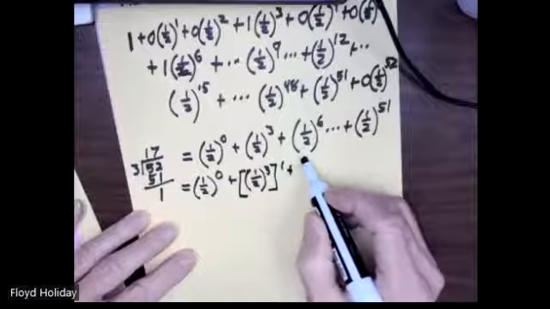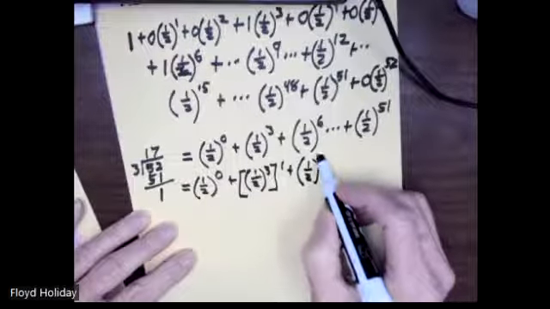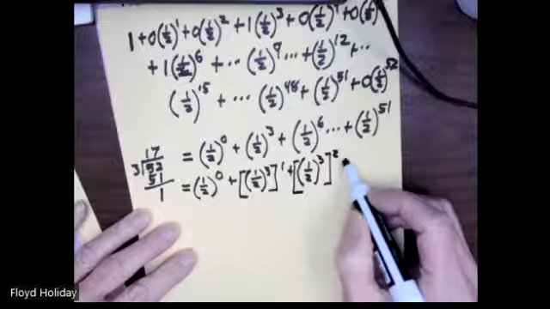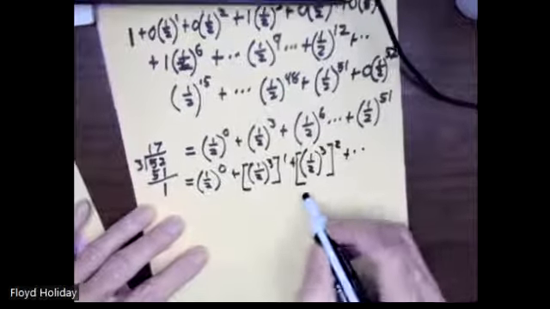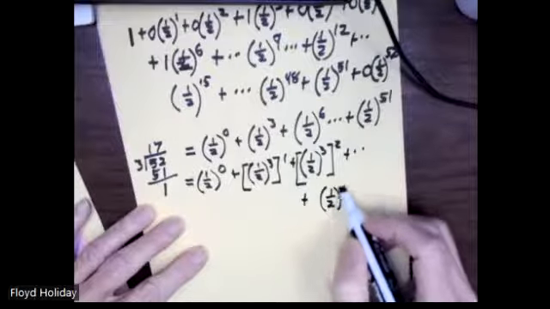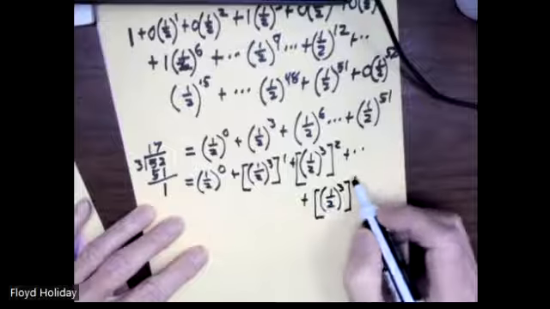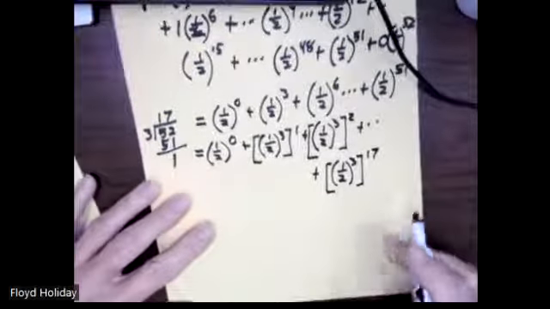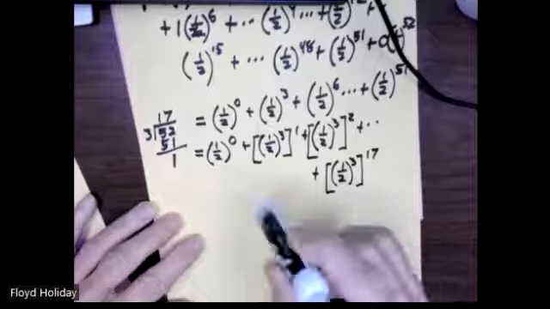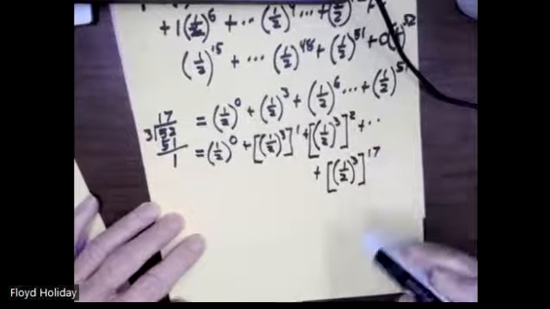And this is 1/2 to the 3 raised to 2. Dot, dot, dot, plus 1/2 to the 3 raised to 17. And there it ends. Now I'm not skipping. My exponents go 0, 1, 2, 3, 4, up to 17.